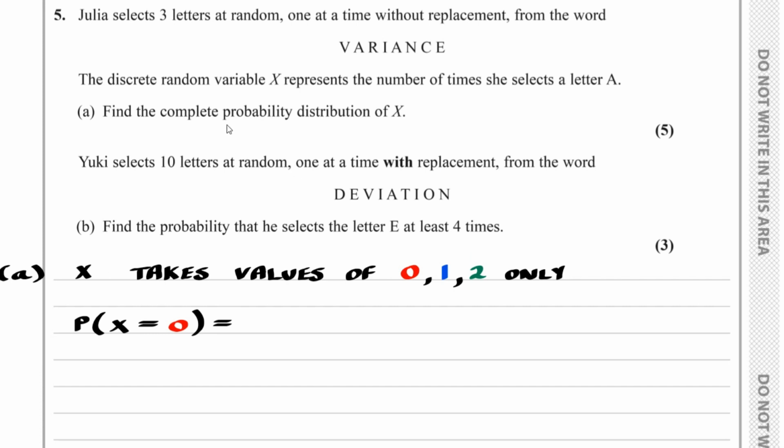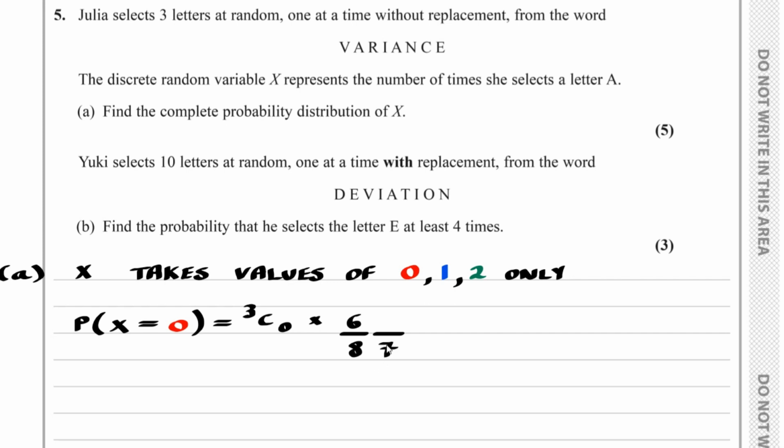So if I select 3 letters at random and I choose 0 of those A's, that means we have 3 choose 0 multiplied by, well, in this word, we've got 1, 2, 3, 4, 5, 6, 7, 8 in total, and of those, 6 of them do not have the letter A. So that's my first pick.